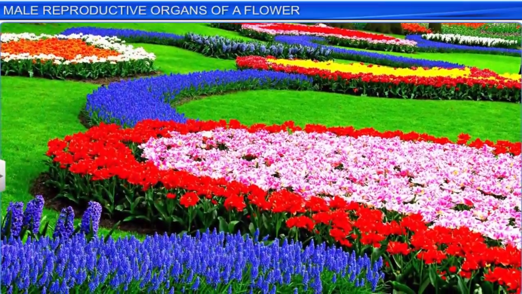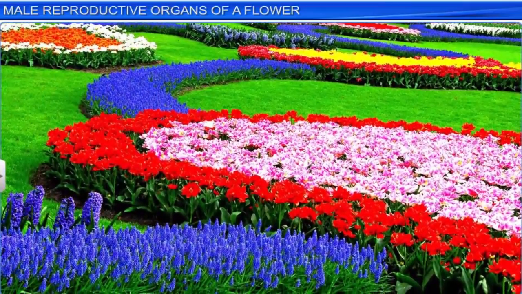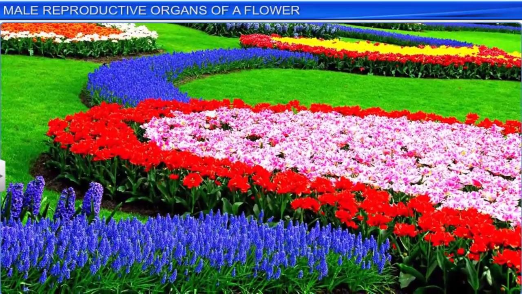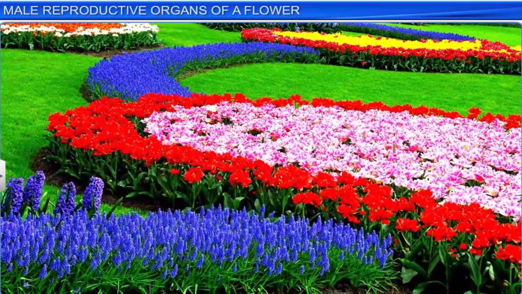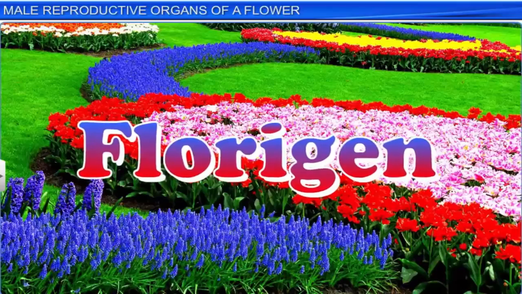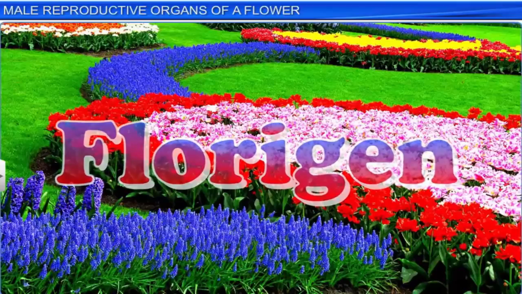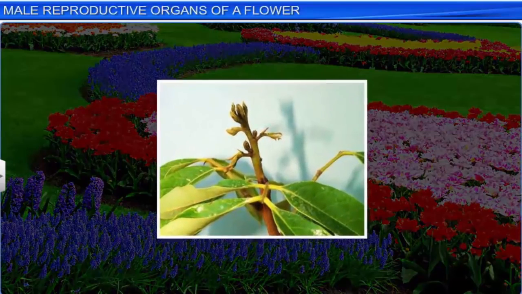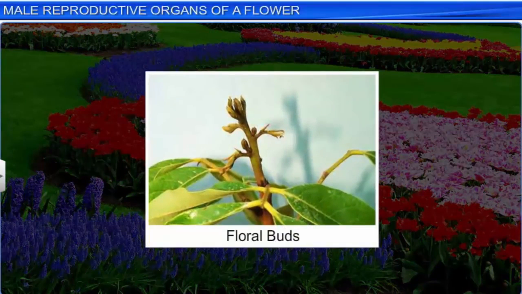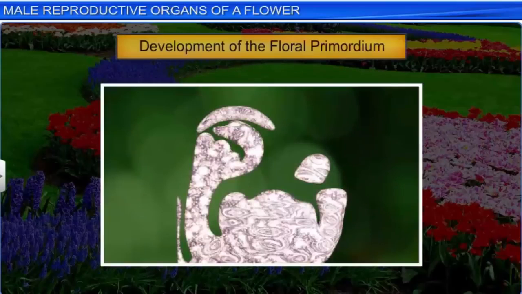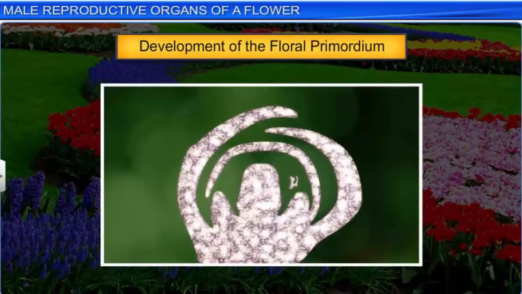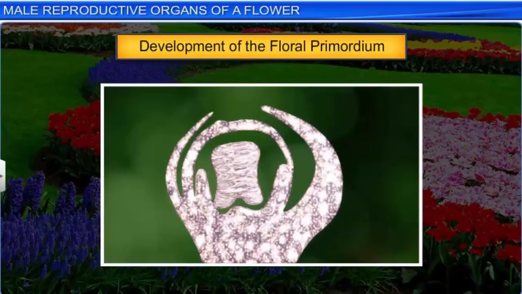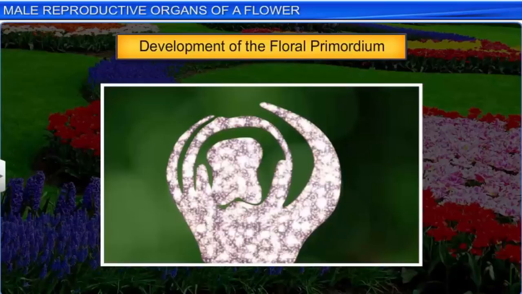This phase is, however, preceded by several physiological and morphological changes induced by hormones such as florigen present in the leaves. These changes lead to the differentiation of vegetative buds into floral buds and the development of the floral primordium, the rudimentary or preliminary stage of the flower or the flowering shoot.